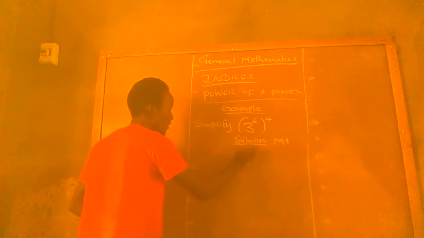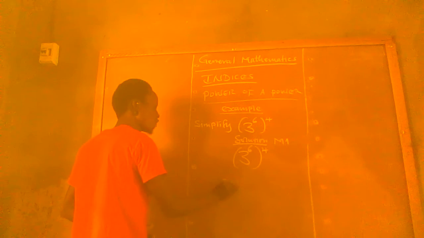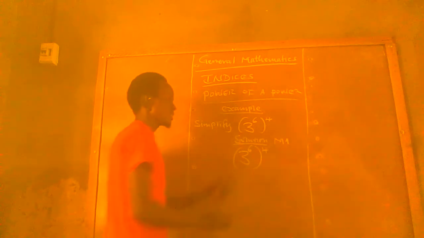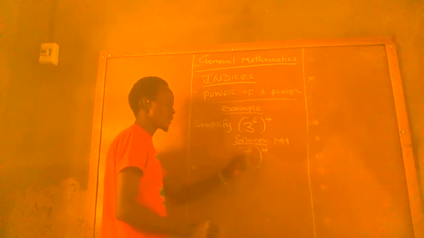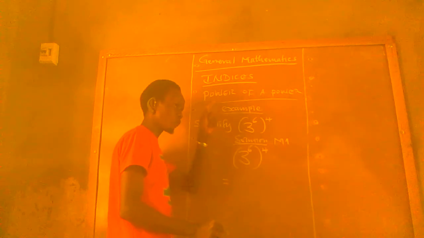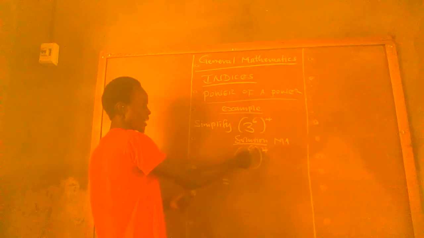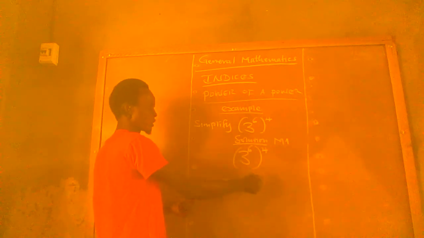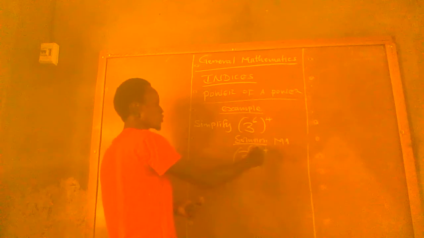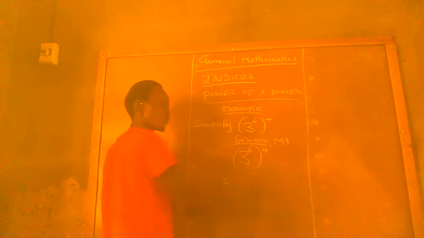Guys, see, if Salu decided to use this method, that is 3 raised to the power 6, all raised to the power 4, this is now equal to 3 raised to the power 4 and power 6, brackets close. Now see, power of a power. This is a power, and this bracket here stands for multiplication. We also have another power here.